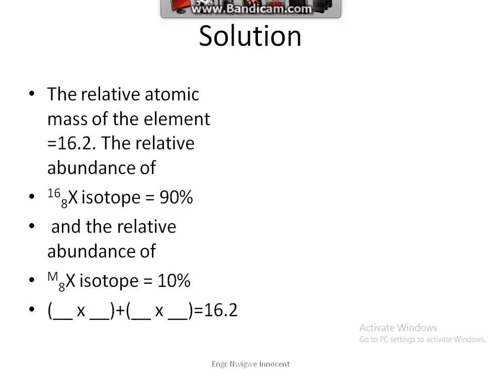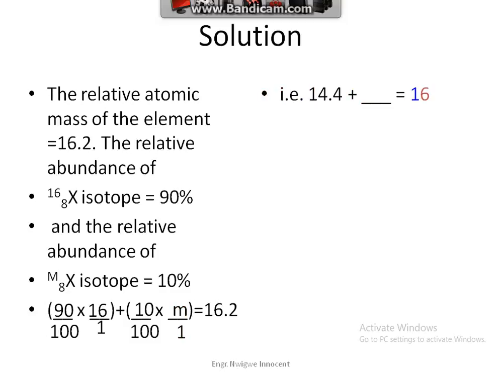Therefore, mathematically, we have 90 over 100 times 16 over 1 plus 10 over 100 times M over 1, which gives us 16.2.